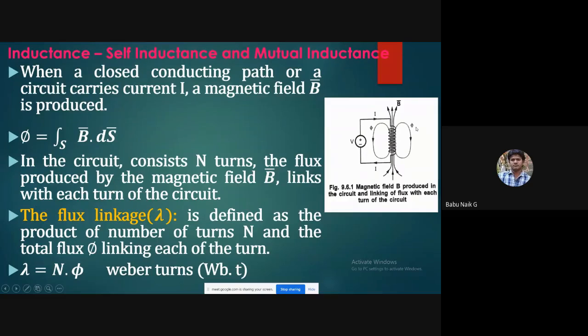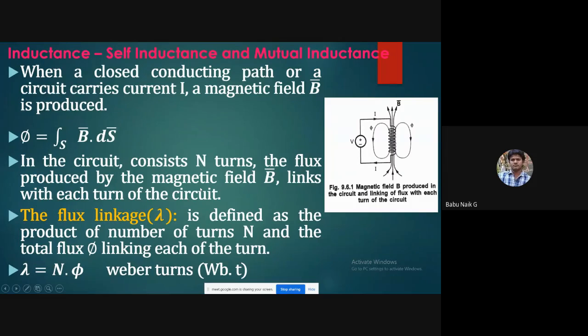In this circuit, consider N turns, that means not only one conductor but N turns of the coil. If you twist it, then the magnetic flux produced by the magnetic field B links with each turn of the circuit. That link is counted for however many turns you consider in the circuit.